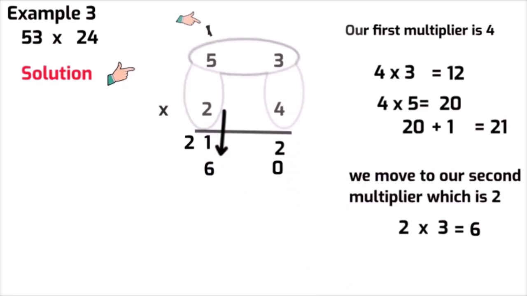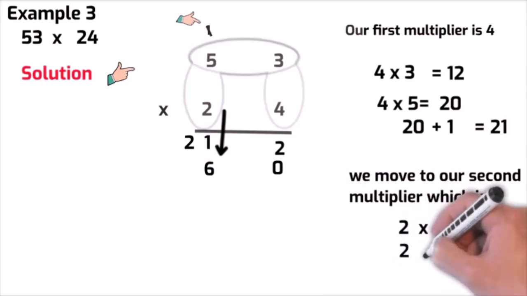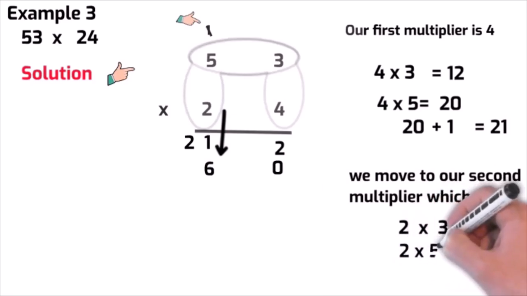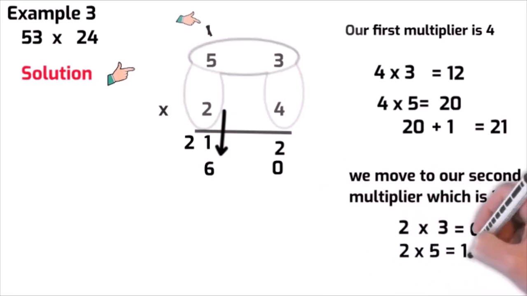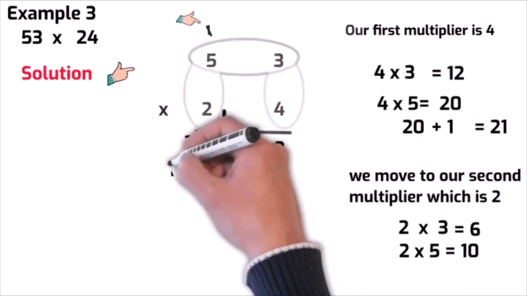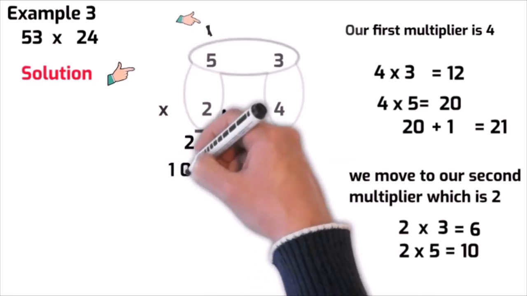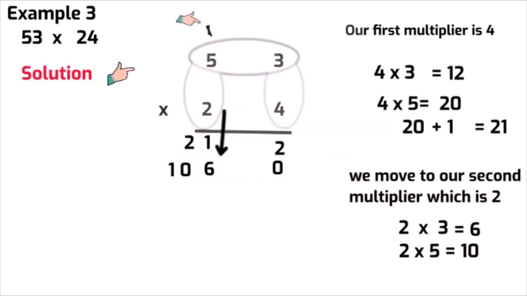Next, we say 2 times 5. 2 times 5 is equal to 10. We go to the left of 6 and write down 10.